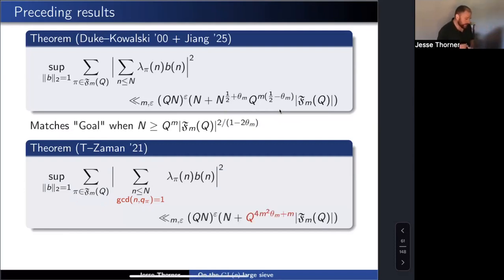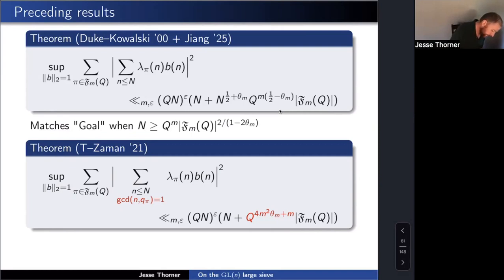And we get a slightly different bound. There's no N dependence on the second term on the right-hand side. There's just this power of q. But this power of q could be quite large if my Ramanujan exponent is also large.